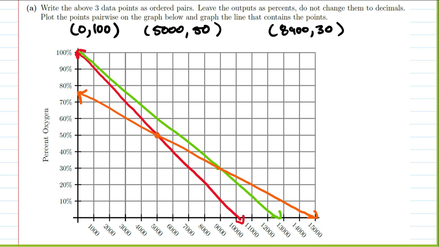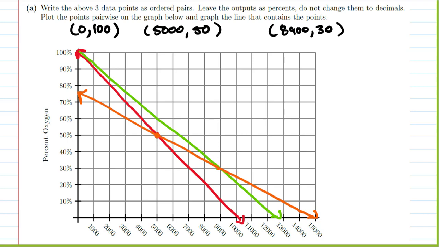So I now have 3 different lines, corresponding to the pairs of points for each of these. Would it be possible to draw one line that contained all 3 of those points? And the answer is no, because they don't lie on a straight line.